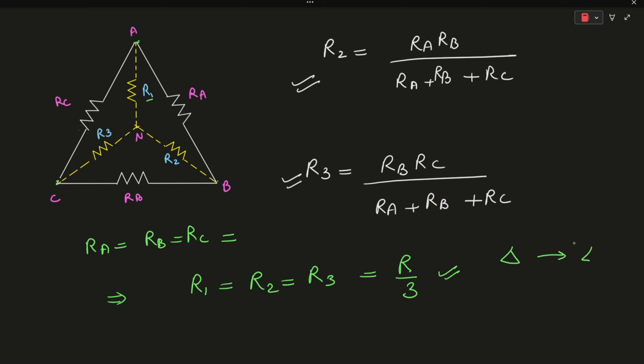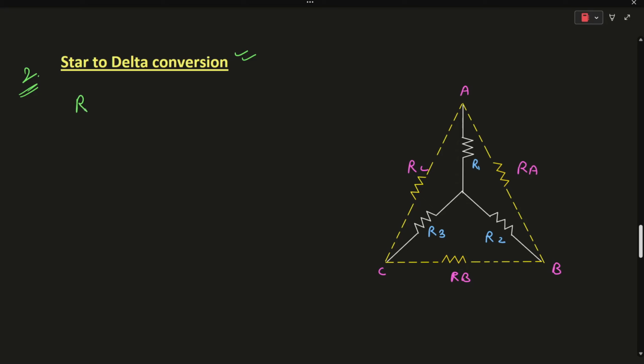Let's discuss the second case, which is star to delta transformation, or star to delta conversion. We know from the delta to star transformation that the value of R1 is equal to RARC upon RA plus RB plus RC. Let's say this denominator, RA plus RB plus RC, is equal to delta.